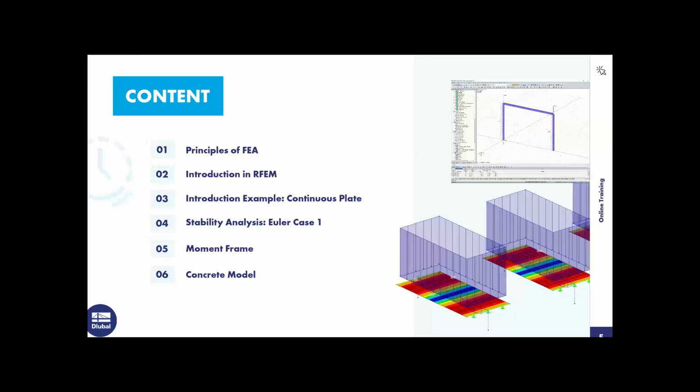After that, we'll go through a stability analysis example called Euler Case 1. Then a moment frame will be converted from that stability analysis, which we can analyze and go over the results. And after that, we'll be going through a concrete model. Usually the concrete model, we will maybe be able to start, but we might not get all the way through it.